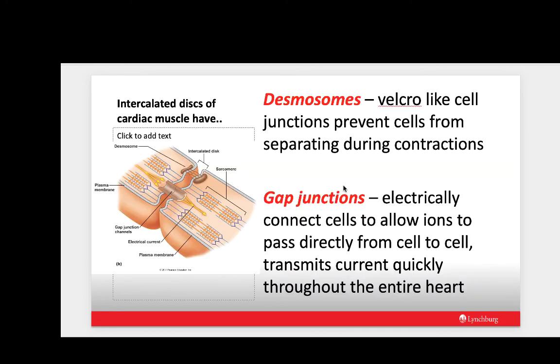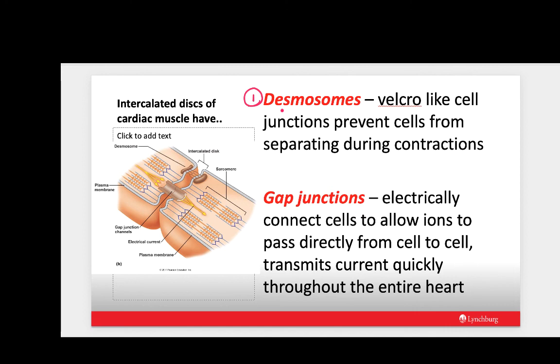Intercalated discs have two types of specific structures associated with them. These are two types of cell junctions, and the first is desmosomes. If you recall, desmosomes are Velcro-like junctions that prevent cells from pulling apart during force.